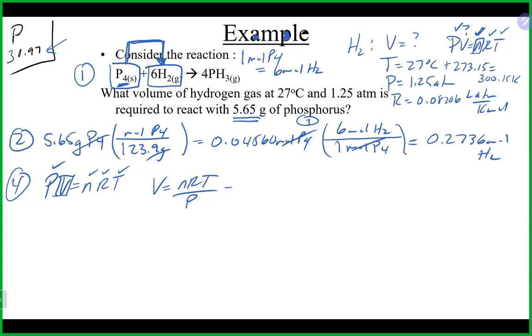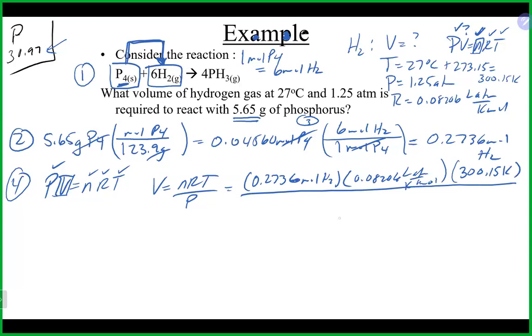Everybody else should be okay, so we'll take the moles we just calculated. We'll use our ideal gas law here. And we'll use our temperature, 300.15 Kelvin, divided by our pressure of 1.25 atmospheres.